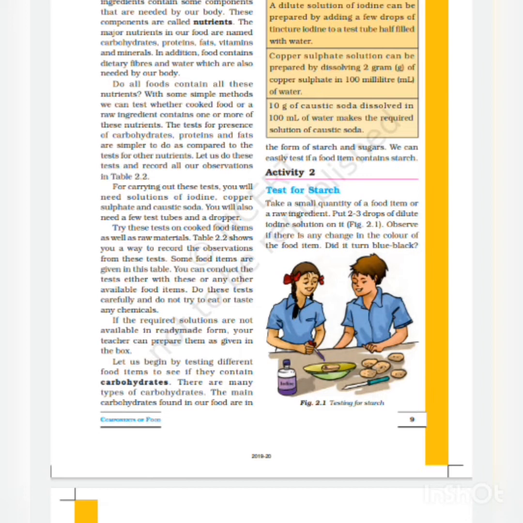They took a small food item which is a raw ingredient. In that they put some drops of iodine solution, and they observe the change in color of the food, which must be blue or black. If the food changes color to blue or black, then it contains starch, which means it has an amount of carbohydrate present in it.